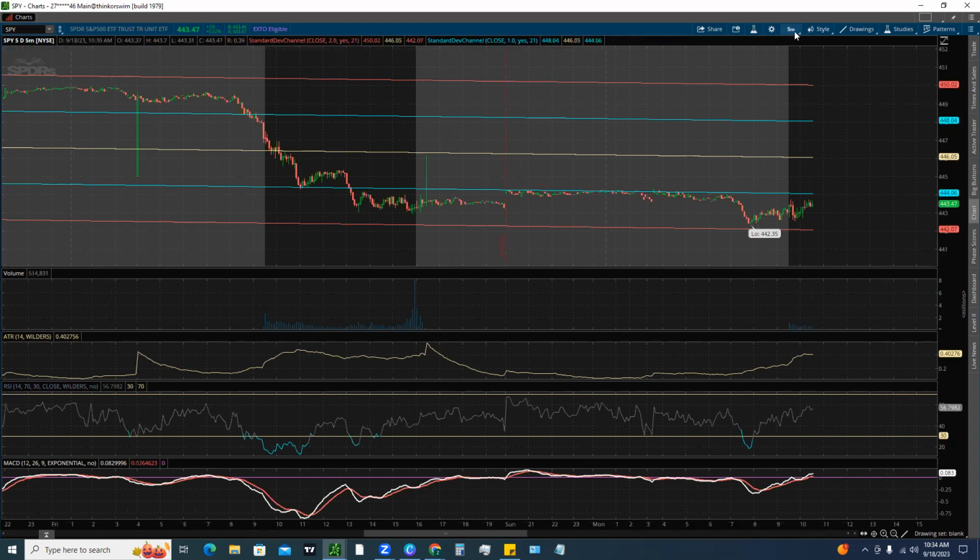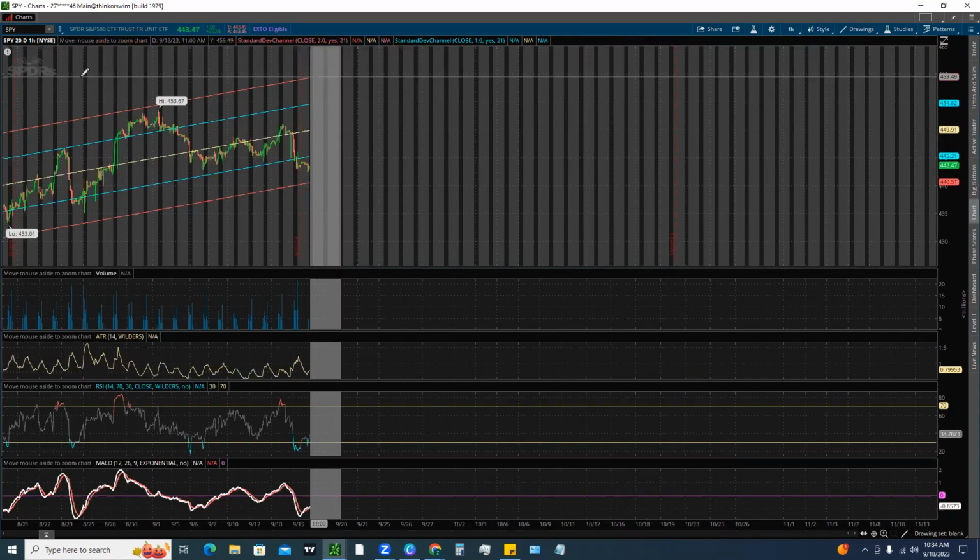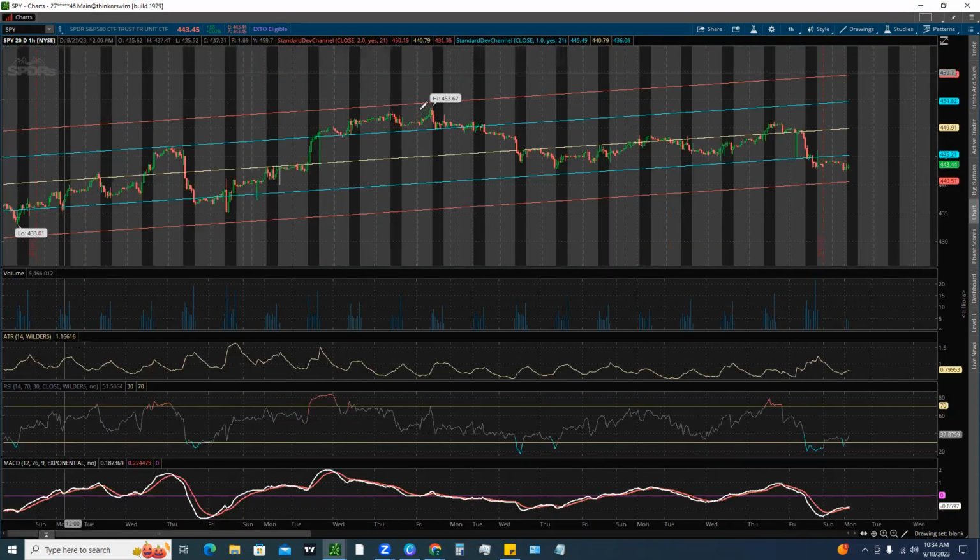And so, this is just a good visual of how you can use the standard deviation channel across multiple timelines. And once you use a specific time frame that you're on, if you're trading a 5-minute chart, you want to stay on the 5-minute chart. If you're trading a 1 hour chart, the standard deviation channel is going to change as you change each time frame.